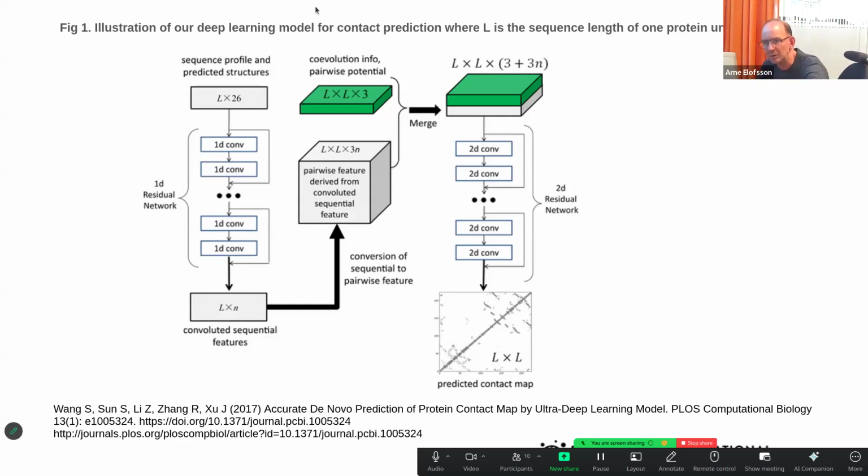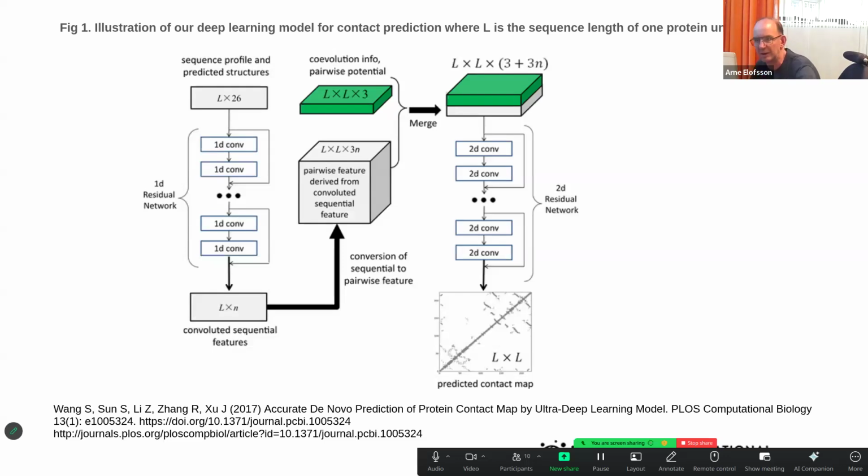So you basically took your predictions here, which were L by L, and then you add to that something that you predict on the sequence. So you take your sequence profile and you predict secondary structure, whatever, and you have a ResNet to predict something. And then you can go from a one-dimensional L network to an L by L network by just doing an outer product.